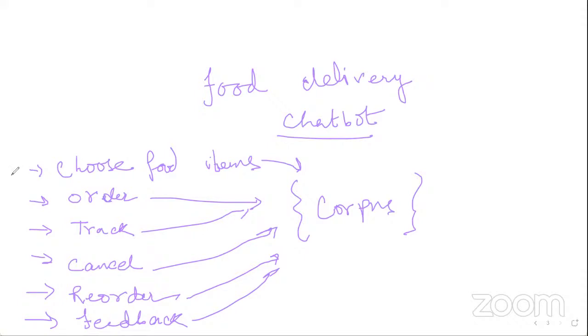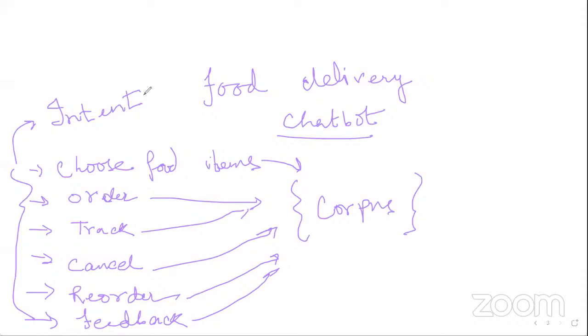So this part will be known as intent. Every conversation will have some intent. Whether you want to order, your intent is order. Whether your intent is tracking food, canceling the order, or delivering some feedback, whatever your intent is will be predicted once we learn from those sentences.